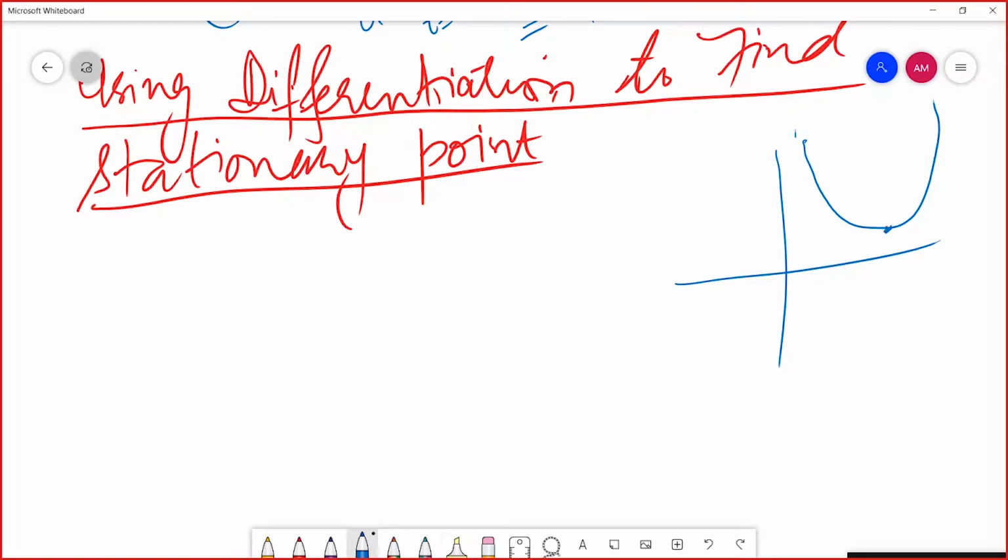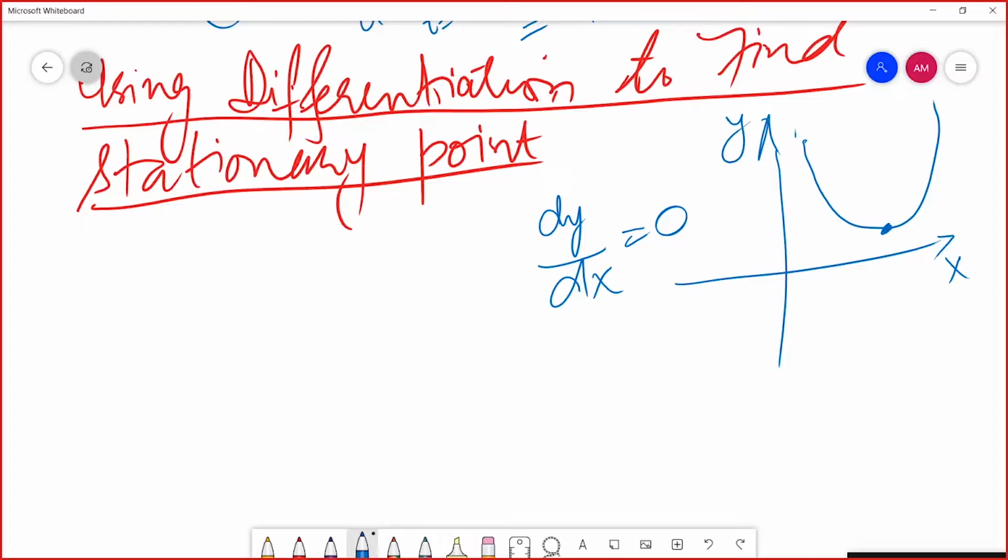If you look at any point, this point is a stationary point because here dy upon dx, if this is y and this is x, is 0. So any point where the gradient is 0.